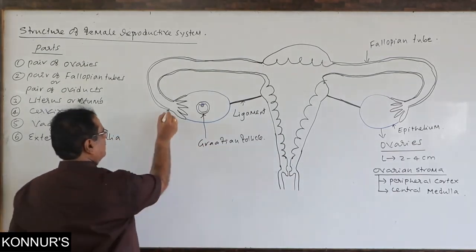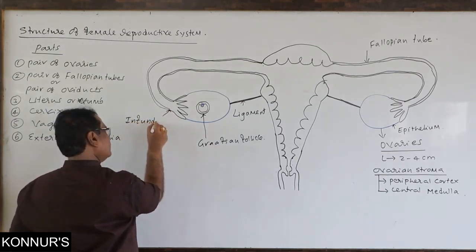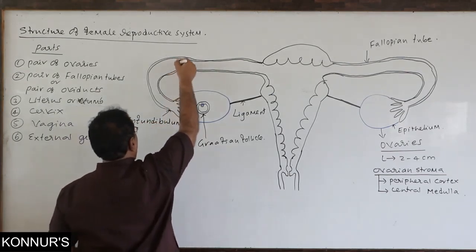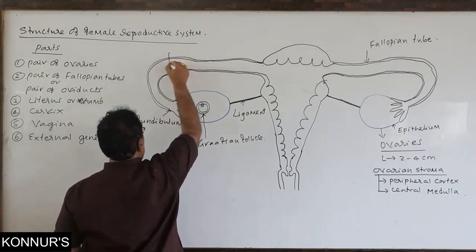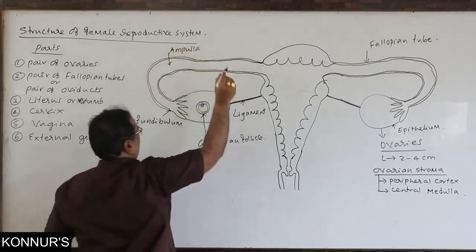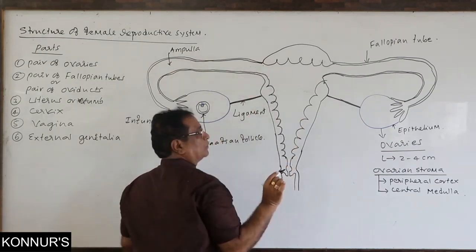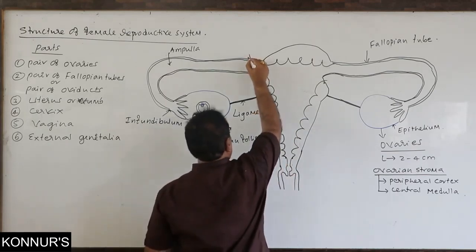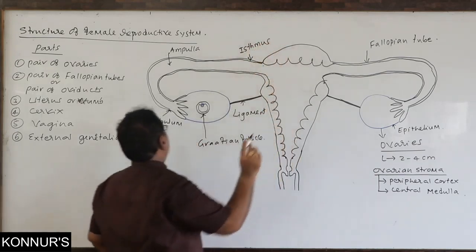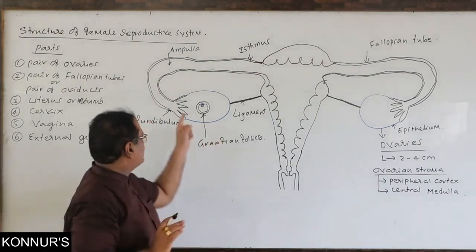Those 3 parts are infundibulum, a slightly enlarged portion, that is ampulla, and a part which connects to the uterus, isthmus. These 3 are the distinct parts of the fallopian tube.